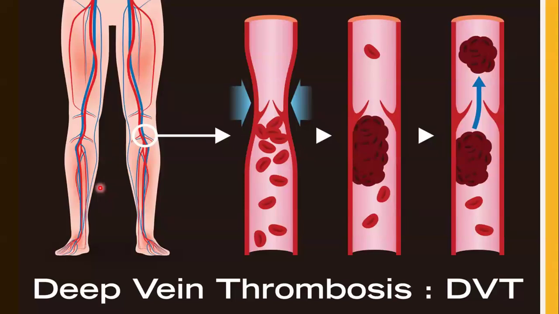Whatever the cause of clotting, let's say blood clots in the deep veins. What's the danger of that? If blood clots in the deep veins, it can remain there or it can be dislodged. If it becomes dislodged, remember, as the veins go back, they become wider and wider.